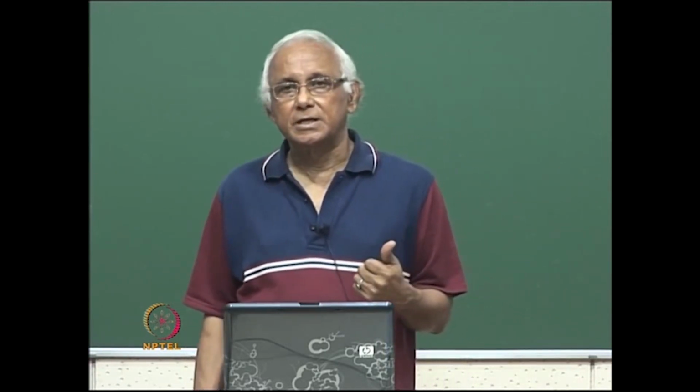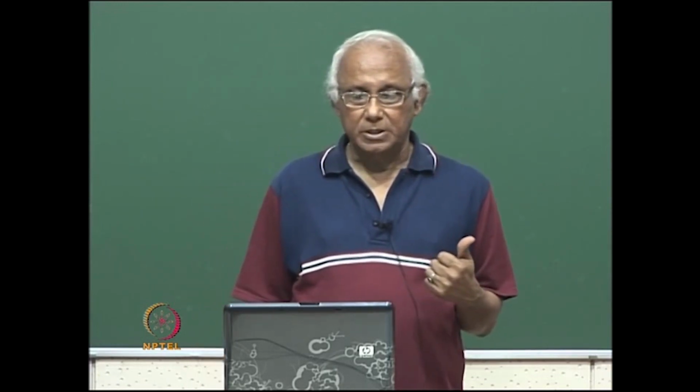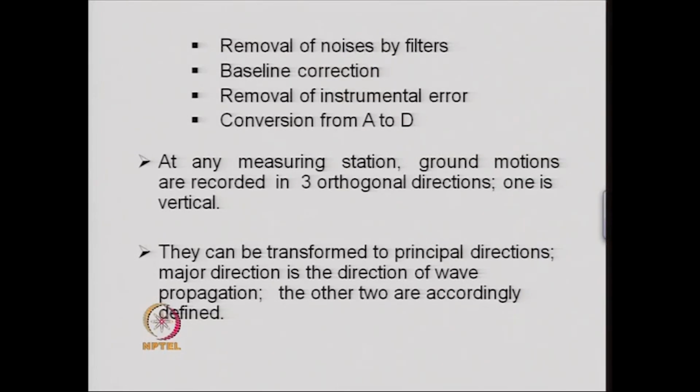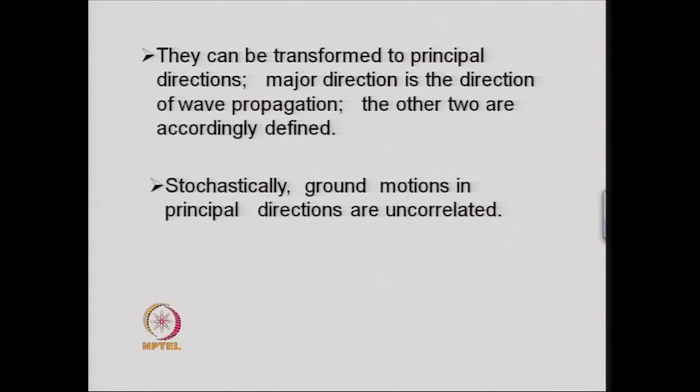Major direction is the direction of the wave propagation, and the other two are accordingly selected. They can be transformed by assuming that the ground motion in principal directions is uncorrelated. In fact, this is true when we describe the ground motion stochastically.